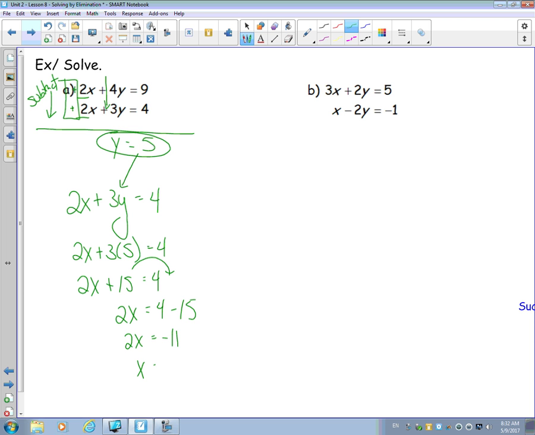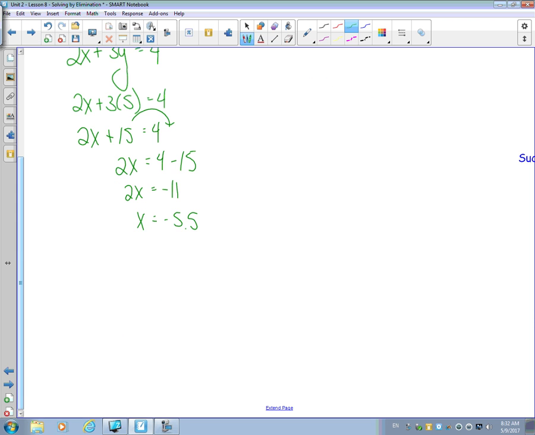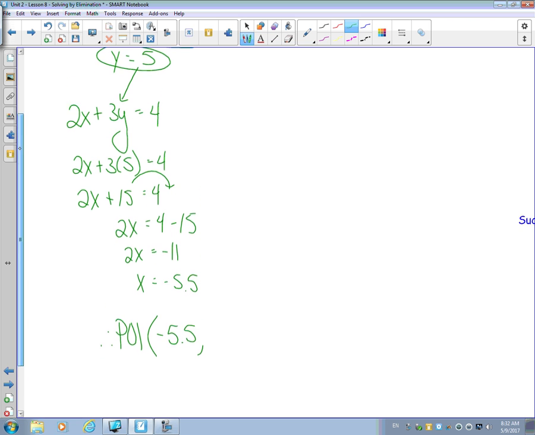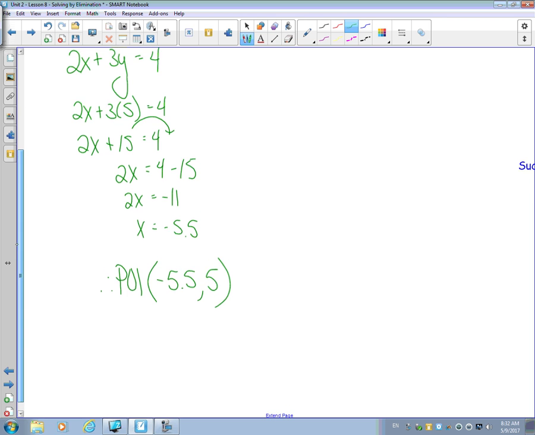I divide that out, and it comes out to a decimal, but it's a nice decimal. 5.5 is totally fine as a decimal. Nothing wrong with that. Okay. POI, my x value was negative 5.5. My y value, way back up here, we figured out that y was positive 5. And I've solved it. It's done. That's my answer. That's how elimination works.